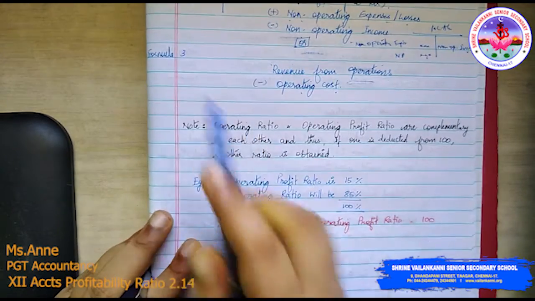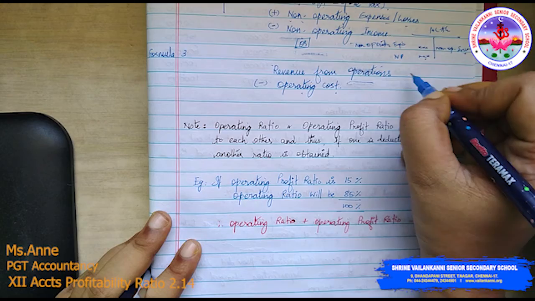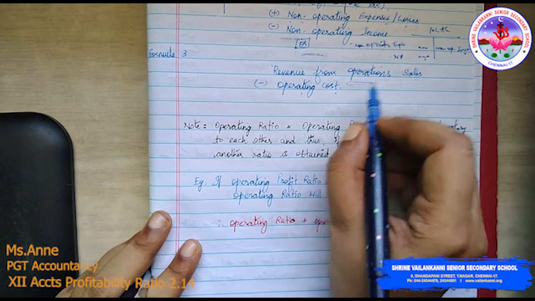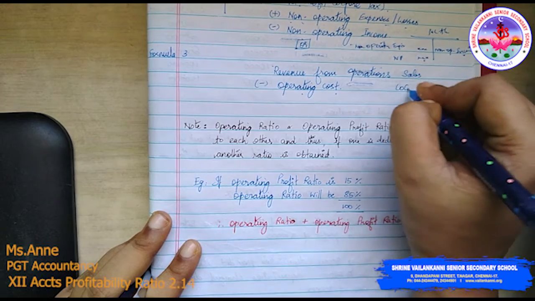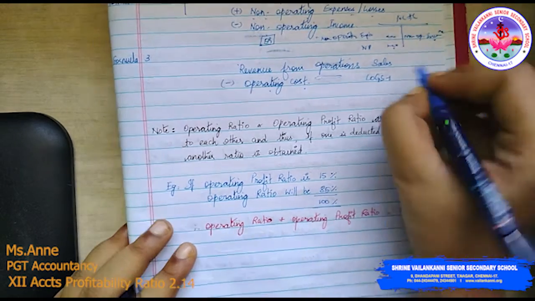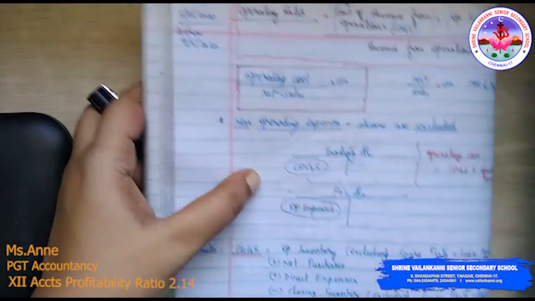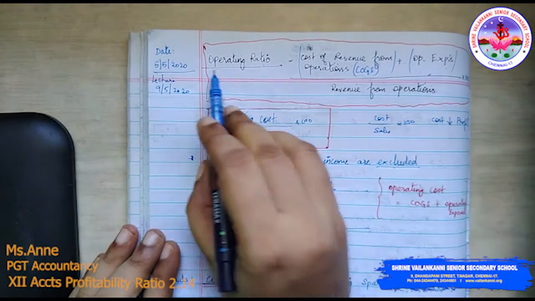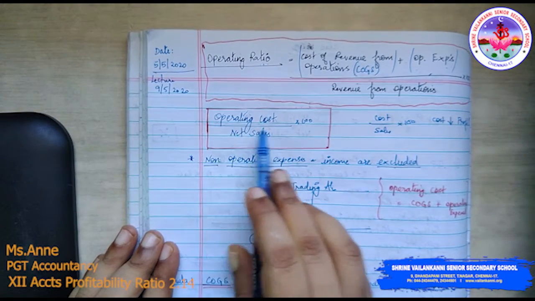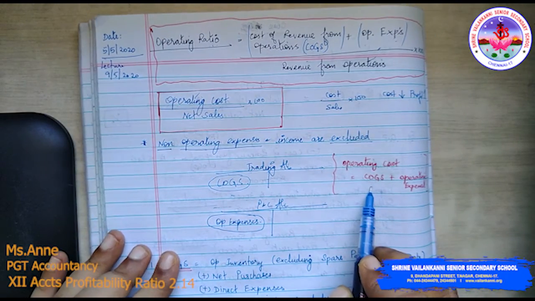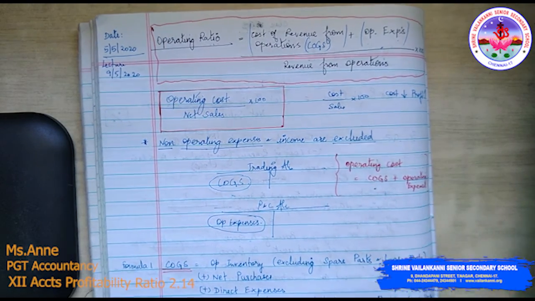Okay, and the third one is revenue from operation, which is your net sales minus operating cost. What is operating cost? Cost of goods sold plus operating expenses. Just now we saw here operating ratio. Operating cost is nothing but cost of goods sold add operating expenses.